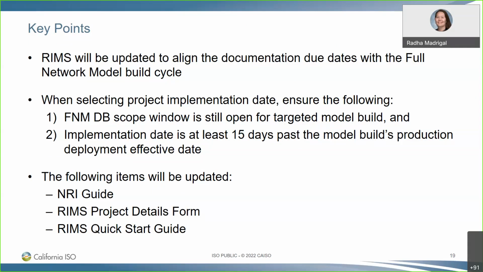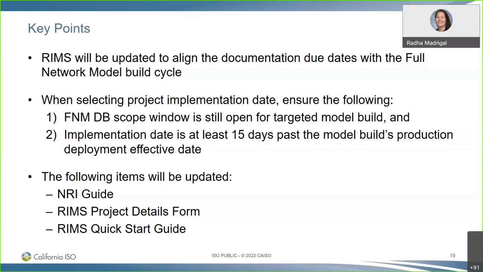When you are selecting a project implementation date, make sure that the scope window for the database that you are targeting is still open and the implementation date that you have selected is at least 15 days past the model build's production deployment effective date.